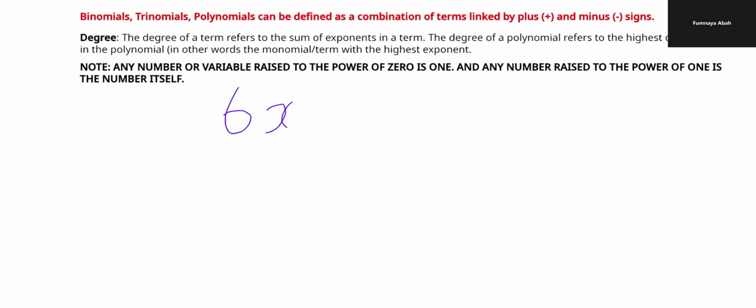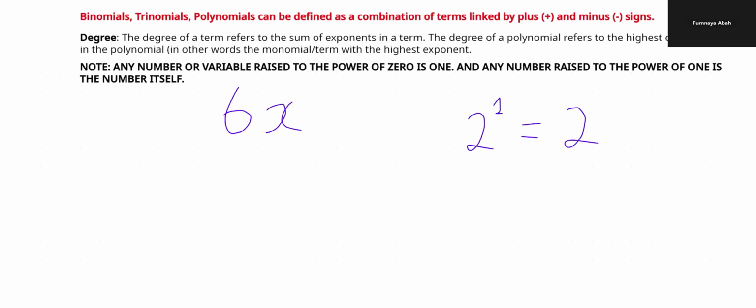So looking at this, we can see that there's no number that x is being raised to. We can't see an exponent of x, but we don't need to worry about that because any number that is raised to the power of 1 is the number itself. So if we have something like 2 raised to the power of 1, that is equal to 2.